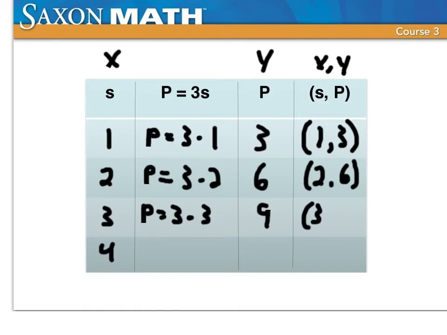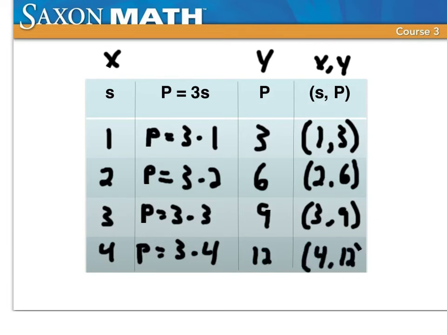So I get 3 and 9 as my ordered pair. And the last one, perimeter equals 3 times 4. Notice here, my S values are the ones that I used over here as well. So that's where these numbers come from. And 3 times 4 is 12. So I get an S value of 4 that goes with the P value of 12.